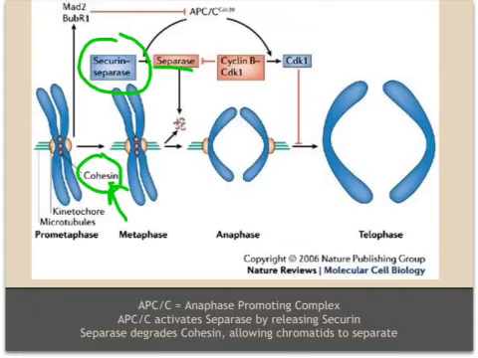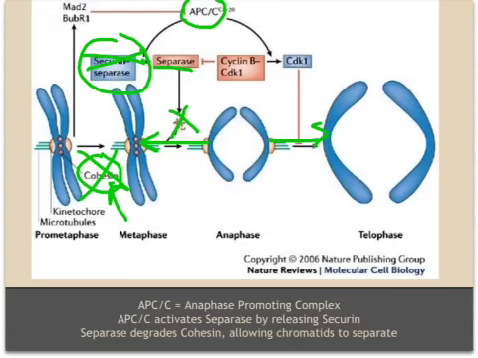So here comes along APC. What APC does is it triggers the degradation, the elimination, of securin from that securin-separase complex. So now all we have left is separase, and separase uses its scissors activity to break apart cohesin. When cohesin is broken apart, those spindle fibers that had been tugging and pulling on the chromatids are now successful at breaking them apart, and anaphase happens.